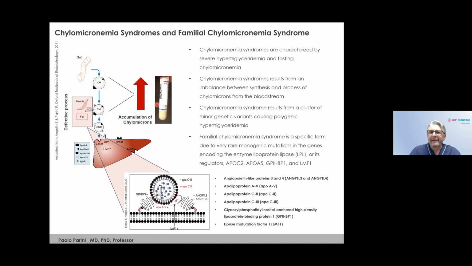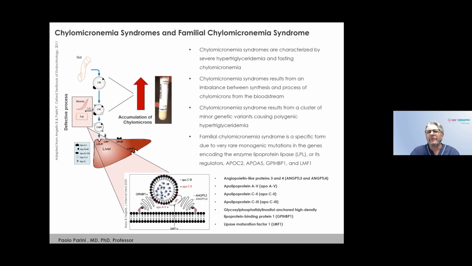The chylomicronemia syndromes result from a cluster of minor genetic variants that cause hypertriglyceridemia. Instead, the familial chylomicronemia syndrome is a specific form.